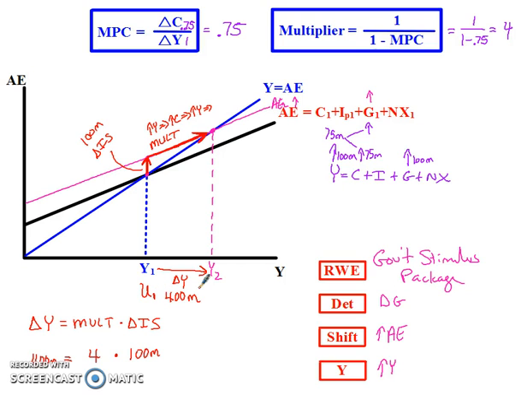And when the gross domestic product goes up and there's more production, that will cause the unemployment rate to go down. So U2 would be less than U1. The unemployment rate always moves in the opposite direction of the gross domestic product.